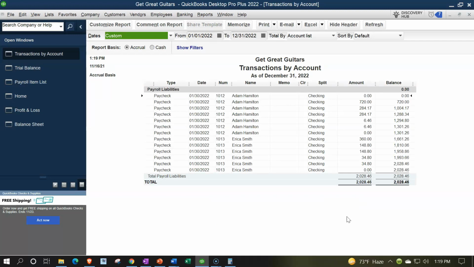But we've got the liabilities here, which are going to represent both the employee liabilities, the ones that we took from the employee, didn't pay to them, but withheld them, that we're going to have to pay to the government on their behalf, and our payroll liabilities, which we incurred by paying our employees, because we have to pay some kind of like income tax for the earnings of the employees for some reason. So we're going to have to pay that as well, and that's going to give us our total liabilities here.